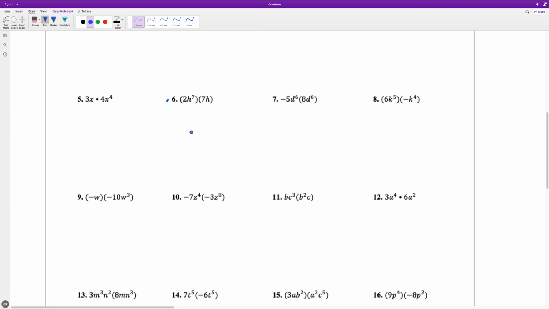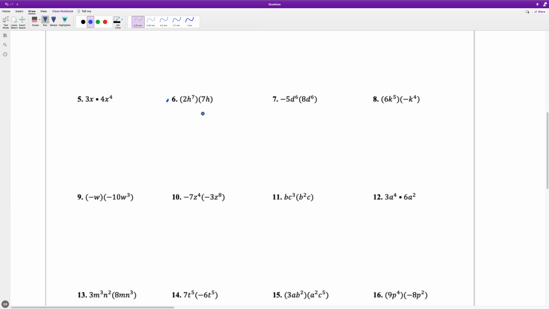All right. So it is very important. The first thing that you need to do when you look at this expression, 2h to the power of 7 times 7h, we notice that we have our numbers and variables mixed together. We have a coefficient, which is the number, and then we have our variable, which is h in this situation.